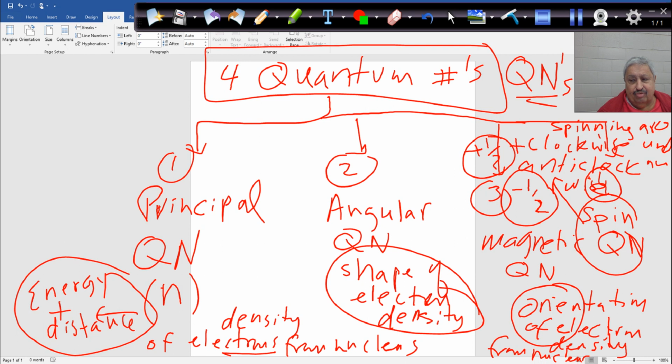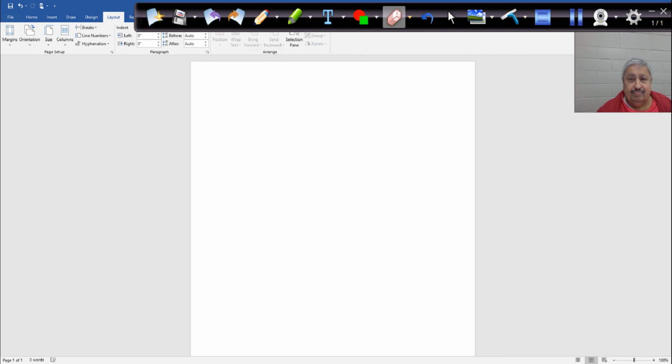And those 4 quantum numbers are really describing the whole thing: energy, distance, shape of this electron density, spinning around the nucleus clockwise or counterclockwise, and the orientation, how they are oriented in space in relationship to the nucleus itself. Now, as I said, this is extra information. You don't have to worry about it. But we are worried about the shapes.